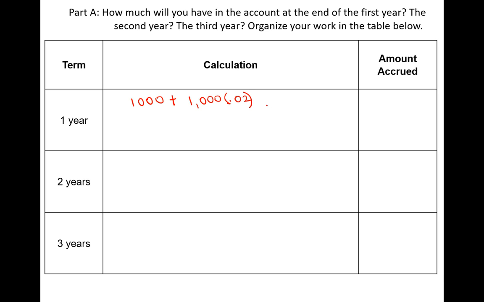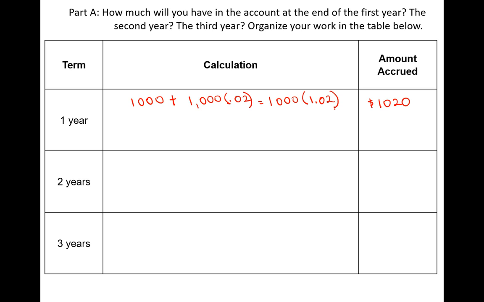Another way you could write that is you could factor that 1,000 out, and it'd be 1,000 times 1.02. So that's going to be $1,020.